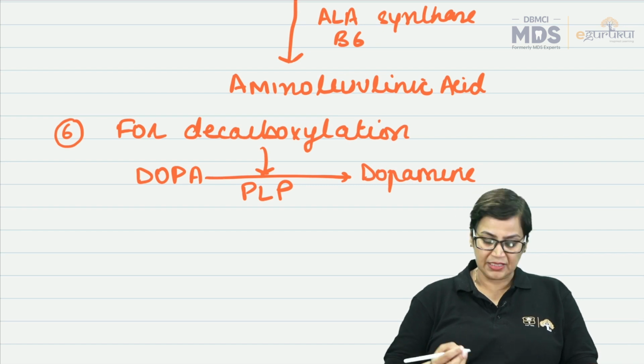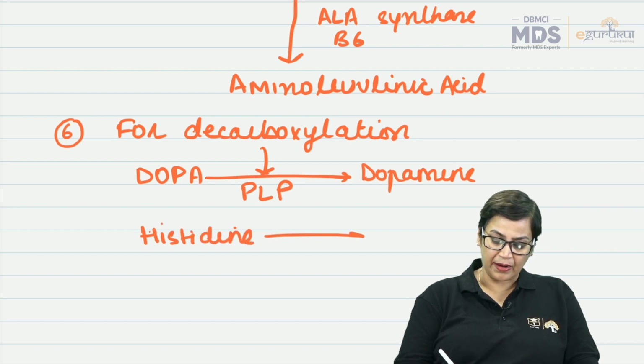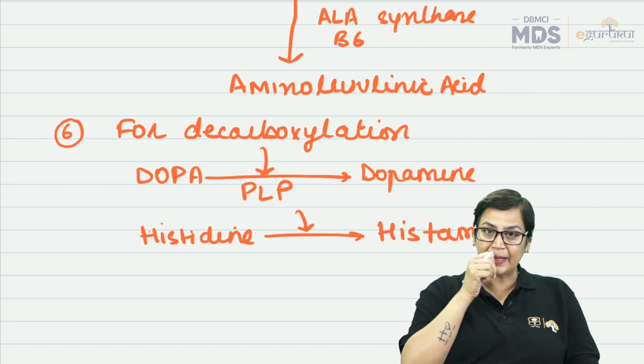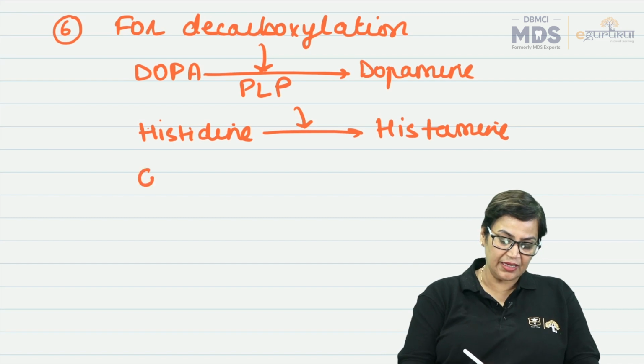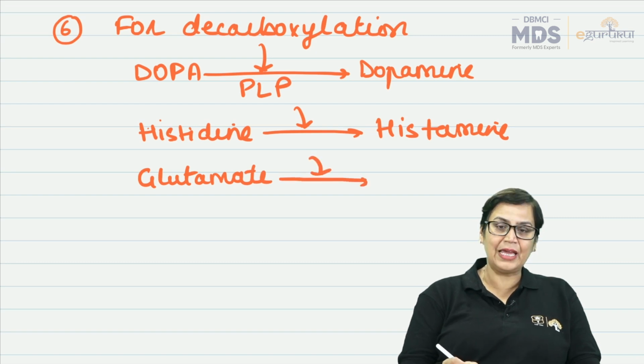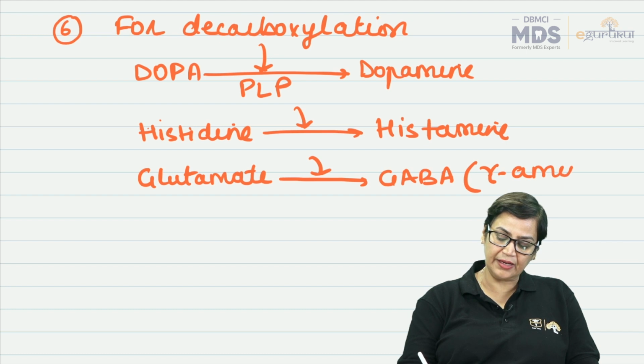Suppose I talk about histidine: histidine in the presence of PLP will form histamine. This is again a decarboxylation, but not oxidative decarboxylation. Then glutamic acid or glutamate in the presence of PLP will form GABA, which is gamma amino butyrate.